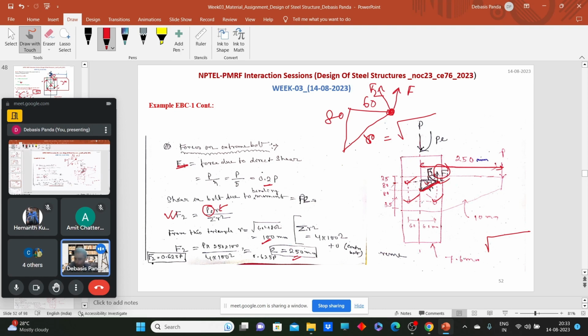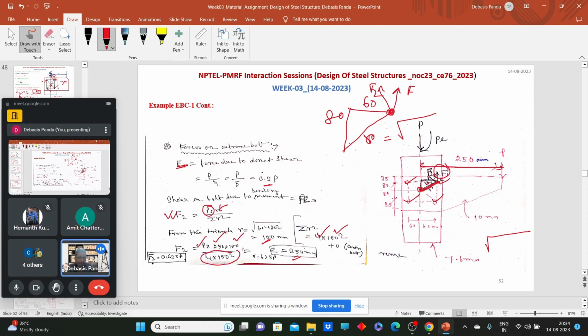What will be summation of r square? We have 4 bolts, and one is at the center, so there the r will be 0. So we have to consider 4 bolts, and for each bolt we have r equal to 100, so 100 square. So here we have P e r by summation of r square. P, this 250 is e, r is the radial distance 100, and summation of r square.